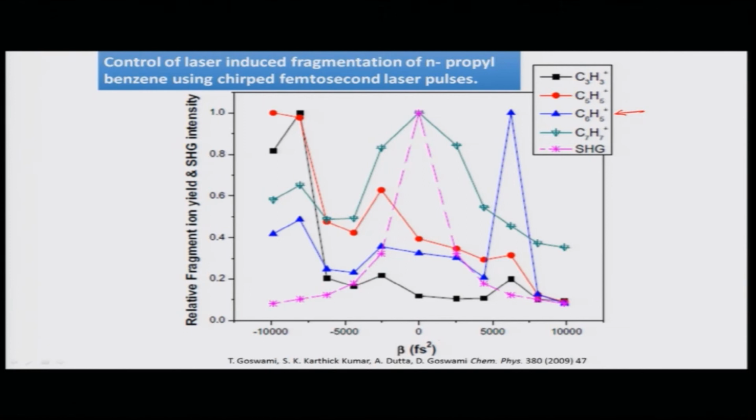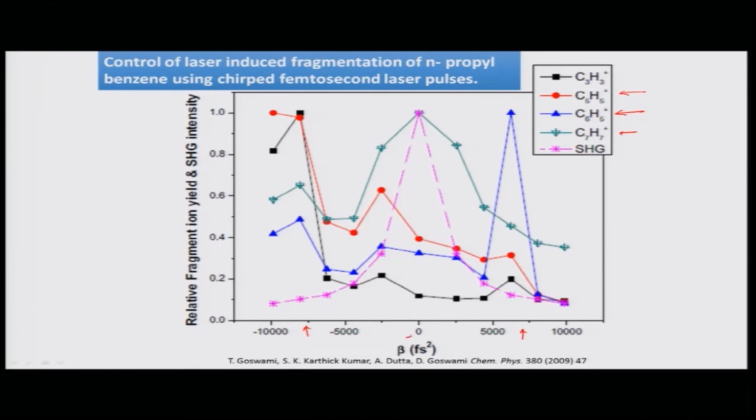In particular, for example, C6H5+ has a very strong positioning at a positive value, whereas C5H5+ has a very strong positioning at a negative value. These two, for instance, can serve as markers, whereas at beta 0, the maximum comes from C7H7+.